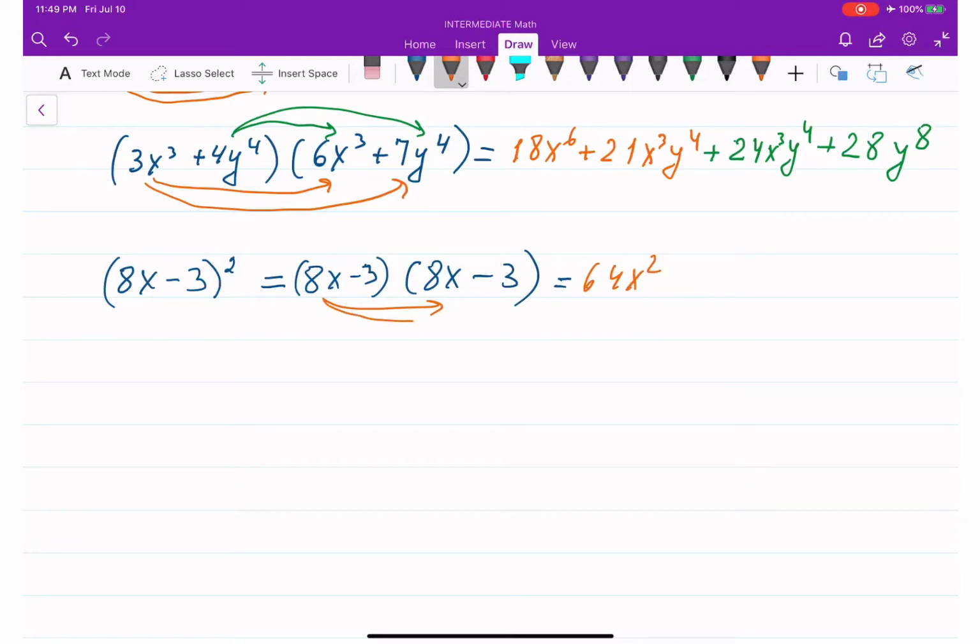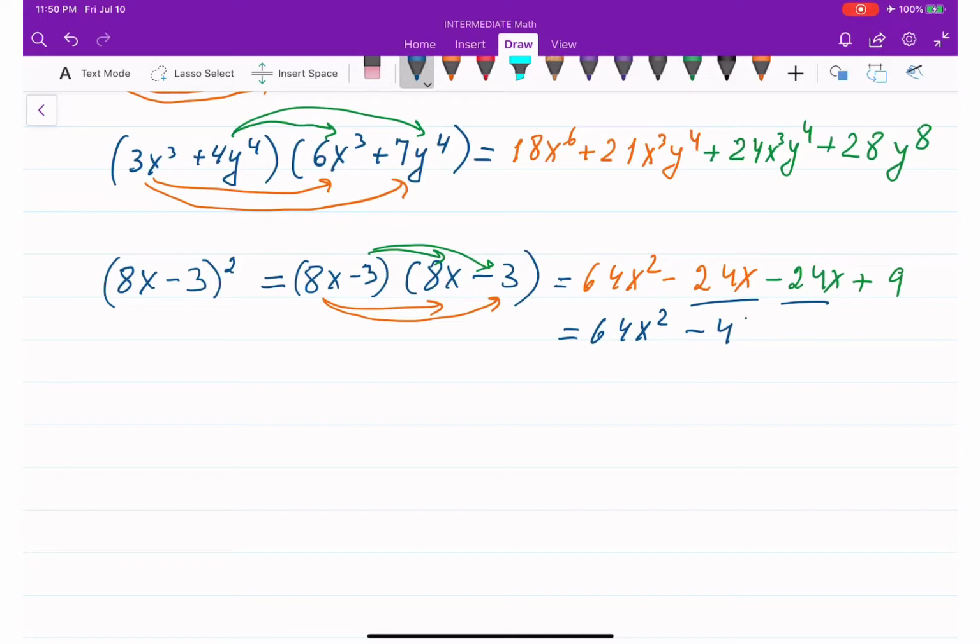So 8x times negative 3 minus 24x. Next, negative 3 times 8x, it's going to be negative 24x. And negative 3 times negative 3, it's going to be plus 9. So here we have like terms, so we get 64x squared minus 48x and plus 9.